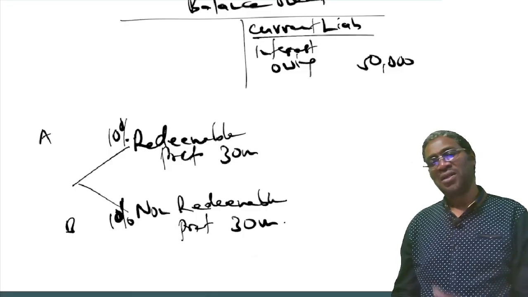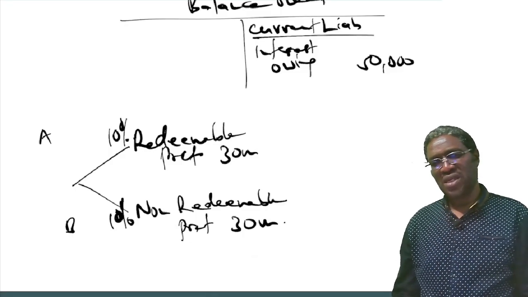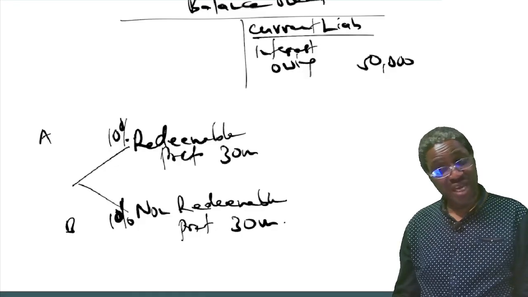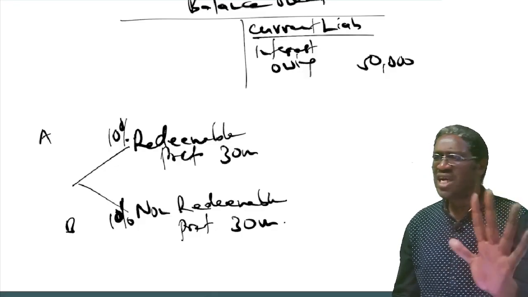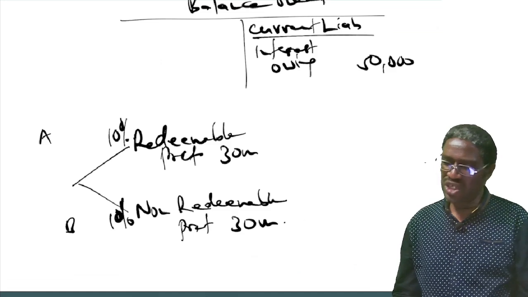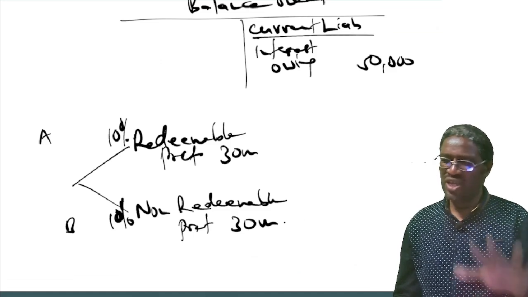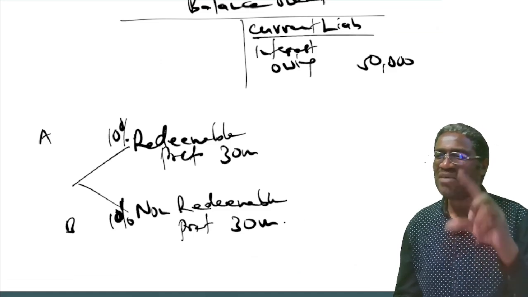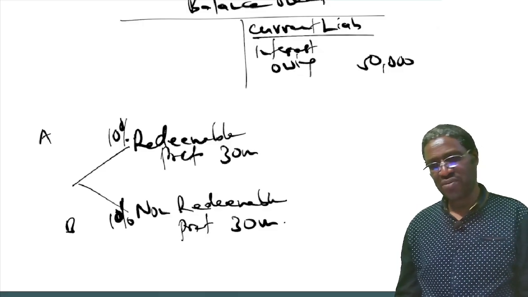Now listen, company A, 10 years ago, wanted to raise finances. So they issued a redeemable preference share.